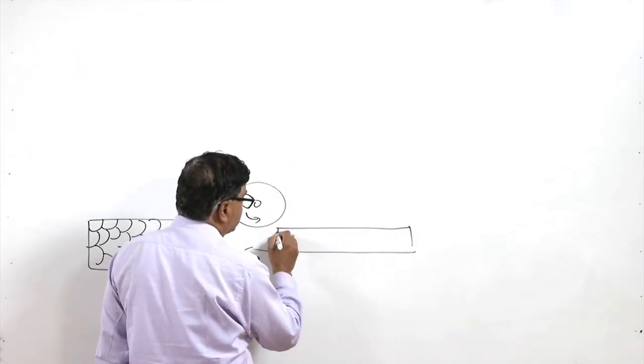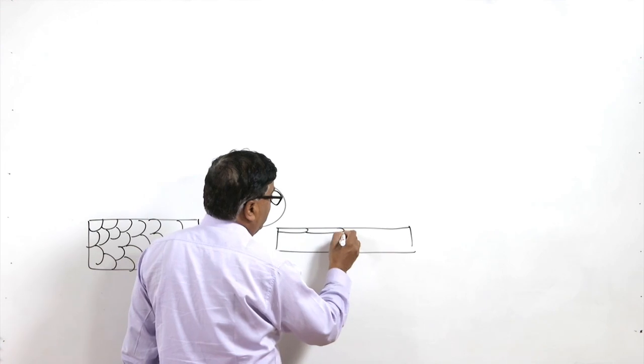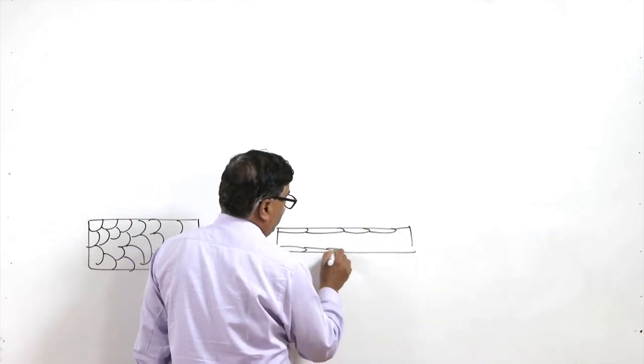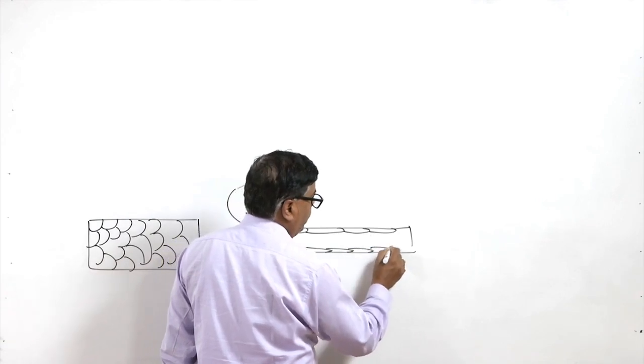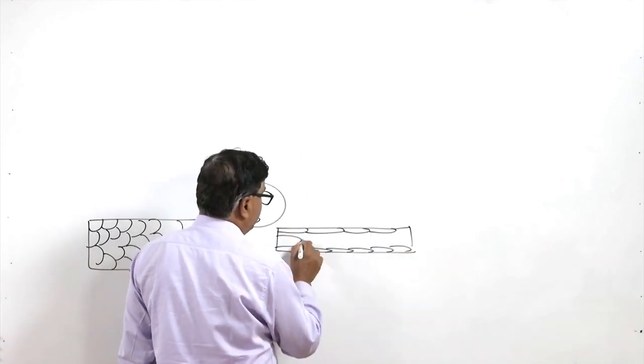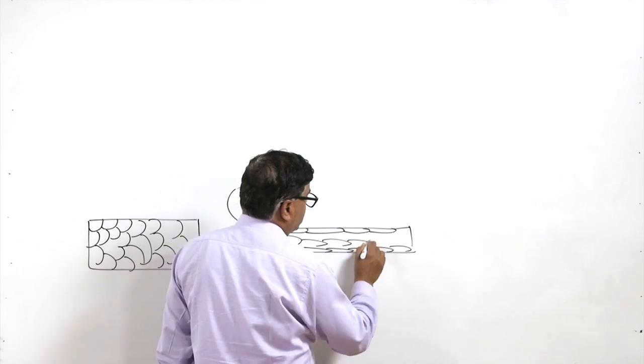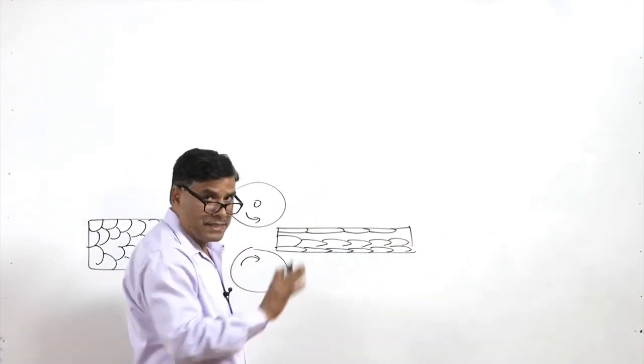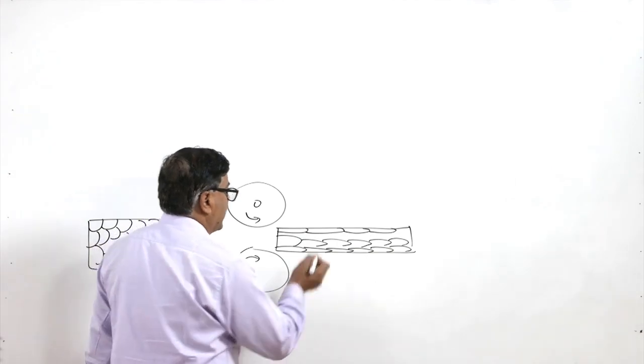In that case the grains will be elongated in the direction of the rolling, or the direction in which the flow of the metal takes place. This is called the orientation or the flow of the grains in one particular direction.